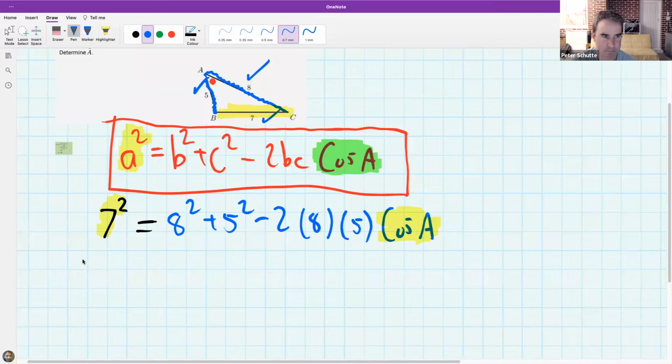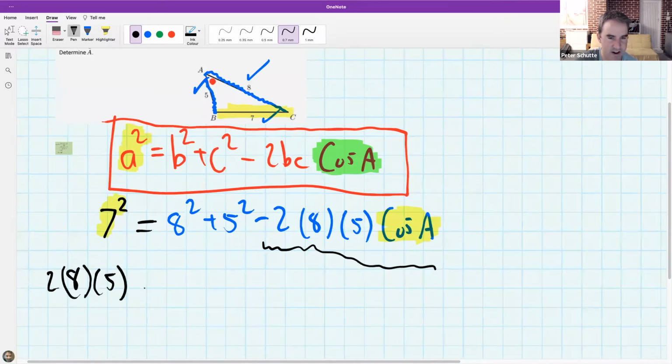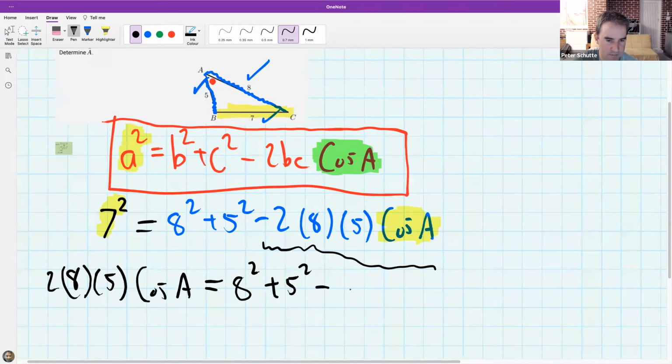Let me start by moving this whole negative term to the other side. And let us move the 7 squared to the opposite side. So we're going to get 2 times 8 times 5 times the cos of A equals 8 squared plus 5 squared minus 7 squared.